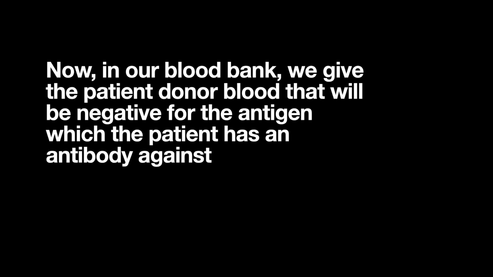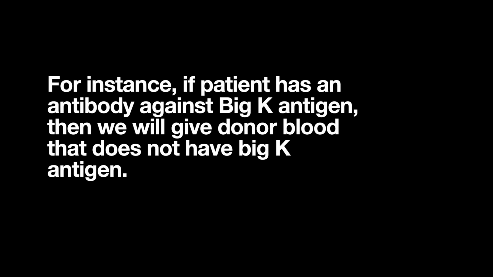You found out what antibody the patient has. Now in our blood bank, if the surgeon orders blood, we will give the patient donor blood that will be negative for the antigen which the patient has an antibody against. I know that sounds confusing, but we'll go into further detail.